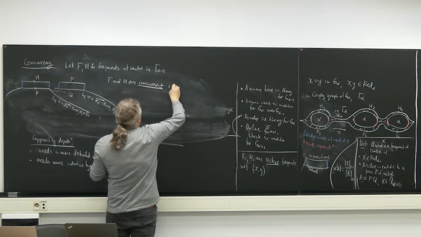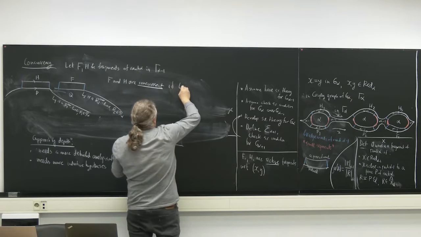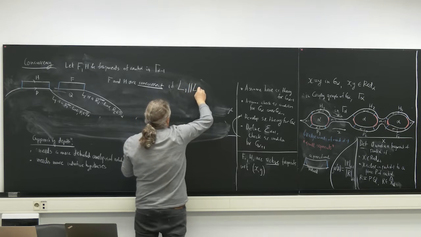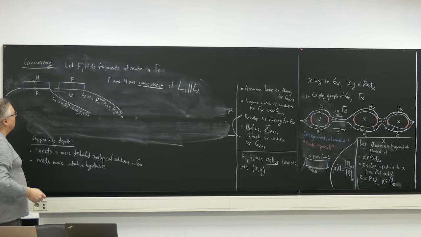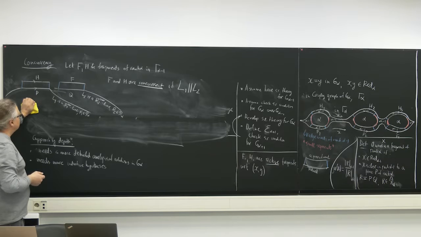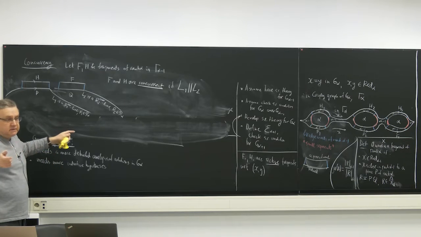if these lines are parallel. What does it mean? We can define two infinite lines to be parallel if they stay everywhere at bounded distance, for example.